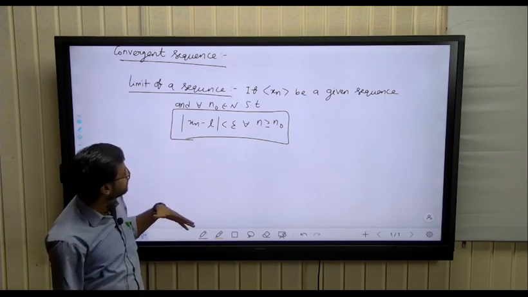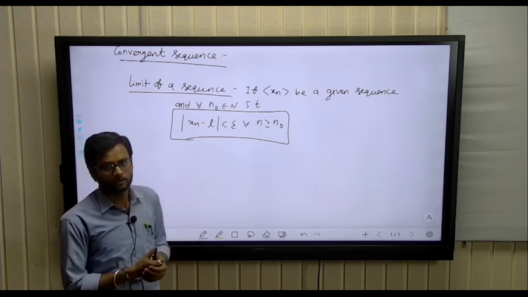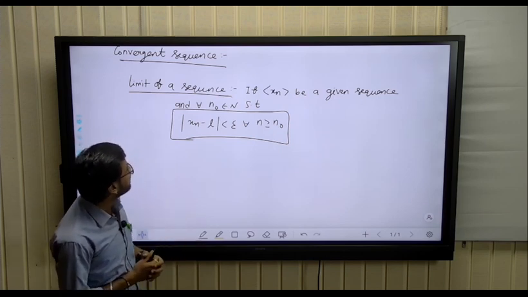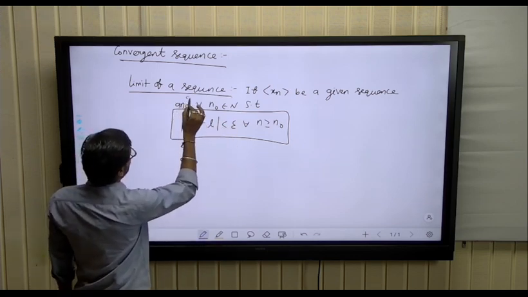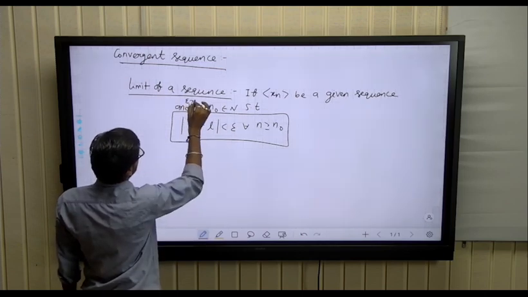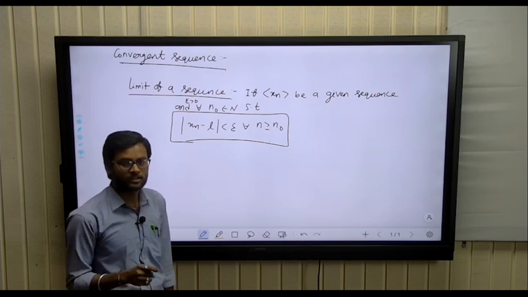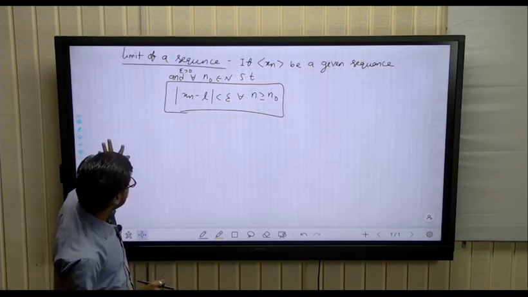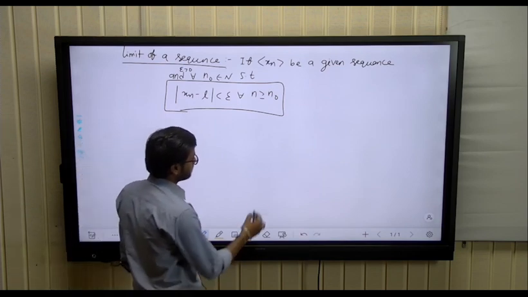So now we study the geometrical meaning of the limit of a sequence. First, write here for all epsilon greater than 0. Basically, epsilon is a positive number. We see the limit of a sequence in a geometrical manner like this.